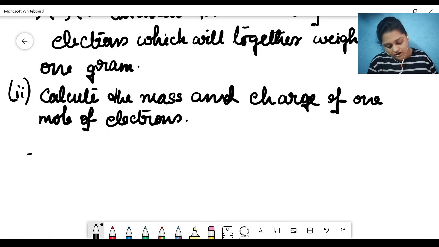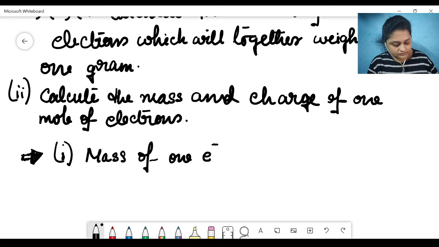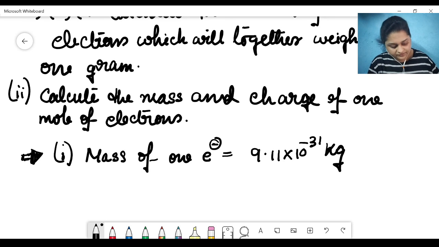Now to answer this one, we need to consider the mass of 1 electron. We all know that the mass of 1 electron is 9.11 into 10 to the power minus 31 kg.